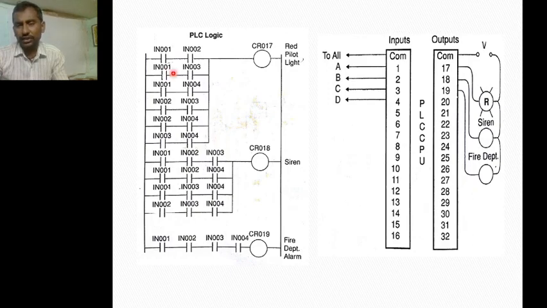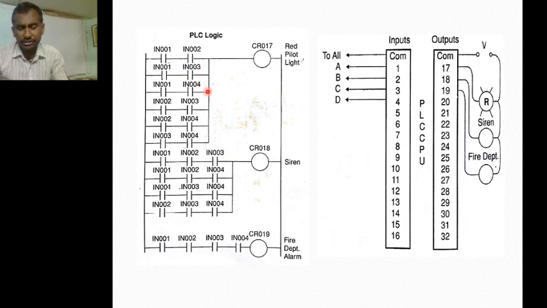Two at a time: 1 2, 1 3, 1 4, 2 3, 2 4, and 3 4. Like that, every two inputs can form six combinations, and all six combinations we connect in parallel.